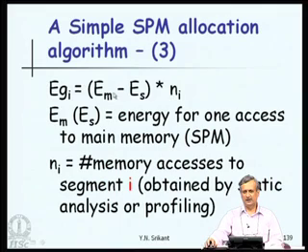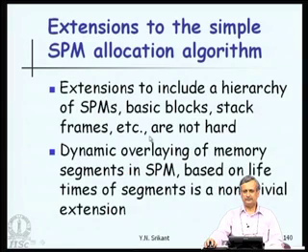This count multiplied by this gain gives you the energy gain for this particular i. Once we know that, we can maximize the gain using any integer linear programming tool, such as whatever is available on the internet.